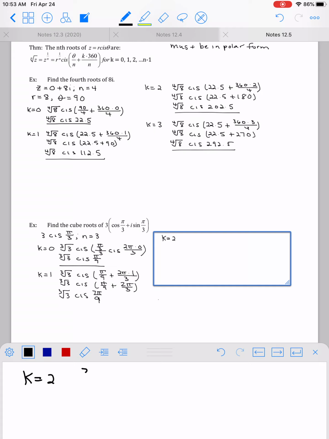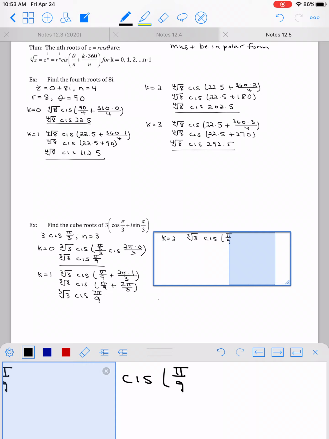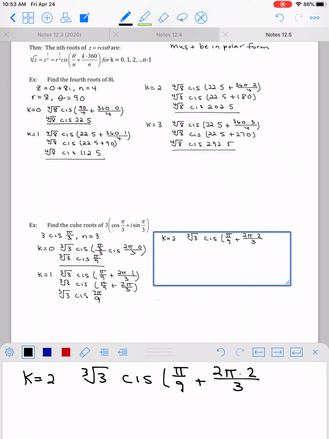And then we have cube root of 3 cis pi over 9 plus 2 pi times 2 all over 3. So this time we're going to add 4 pi over 3 to pi over 9.